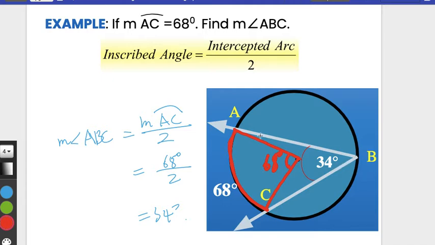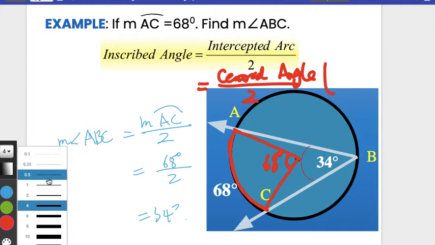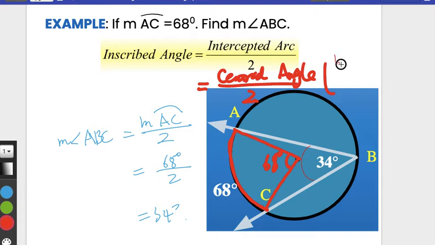As you can see, the inscribed angle is also half of the central angle, because according to the definition they happen to have this same relation. But remember, you have to look at the central angle and inscribed angle with the same intercepted arc. That's very important.